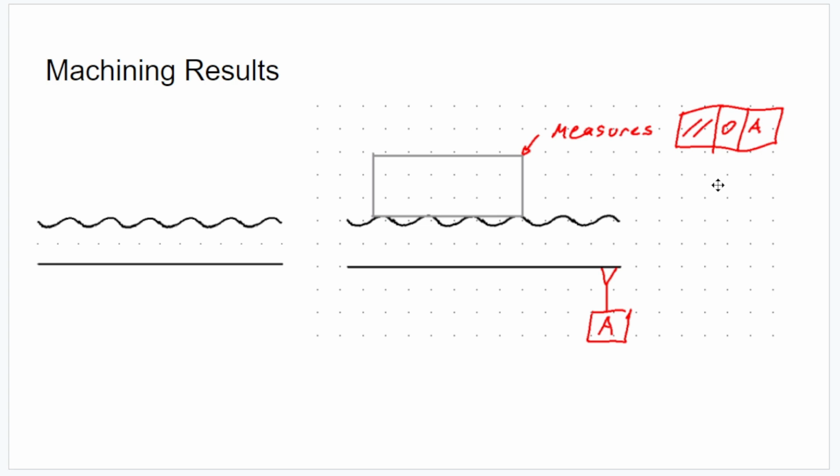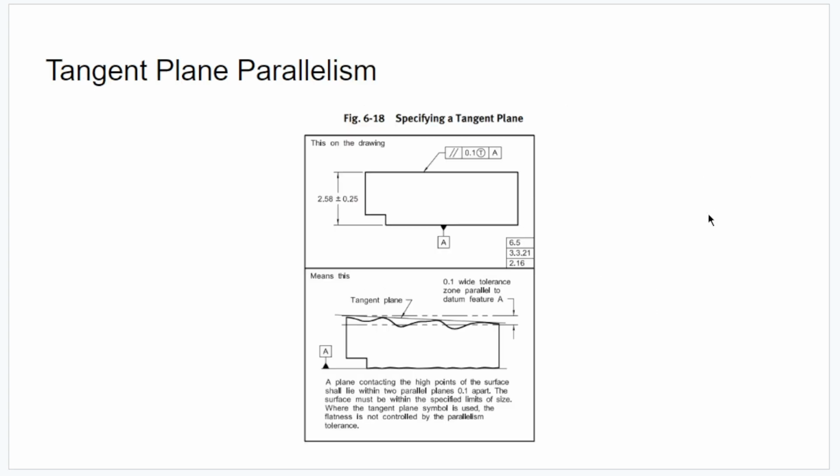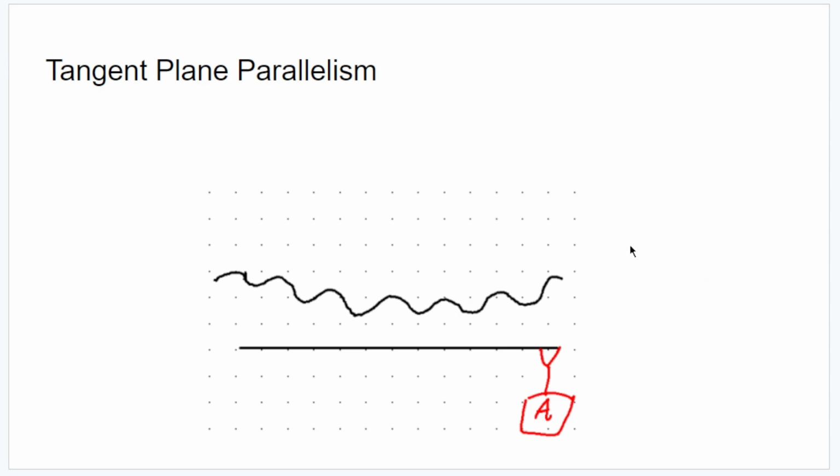And this is where you can use something like tangent plane parallelism. The idea is that you measure from the high points of the workpiece and measure the parallelism just across the high points. So if I was to measure the surface in terms of parallelism of the faceplate, it would have looked something like this, where there was this waviness, but then there was also a little bit of form error with a dip in the middle, and the extremities were just about at the same height.